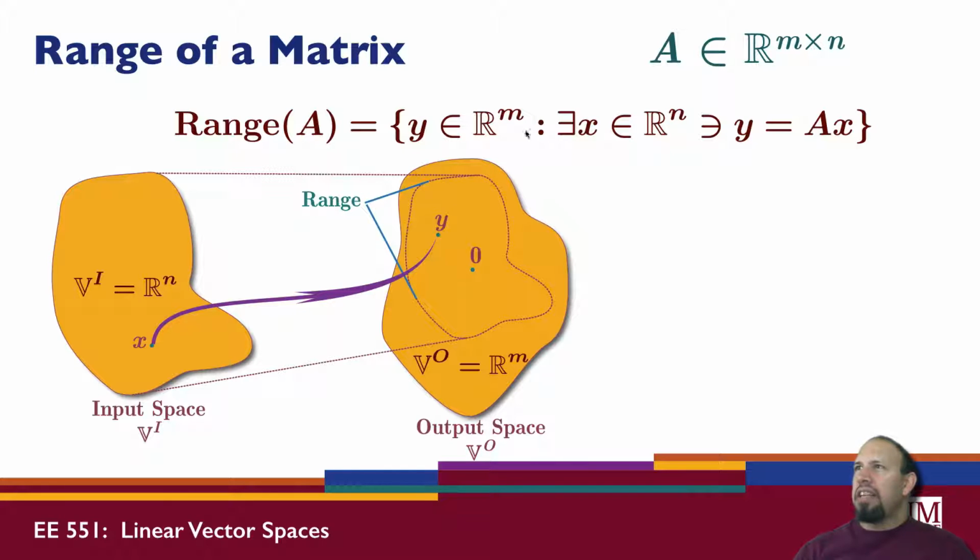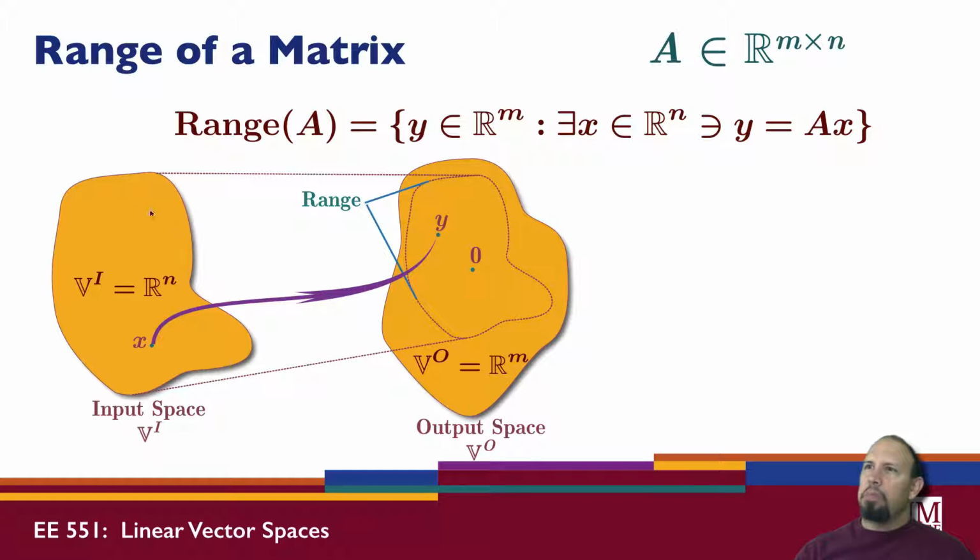So instead of just having some vague input space, here our input space is R^n. And so there exists an x in the set of real n-dimensional vectors such that y is equal to A times x.